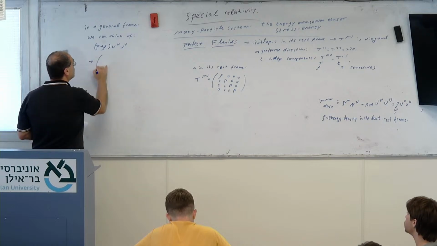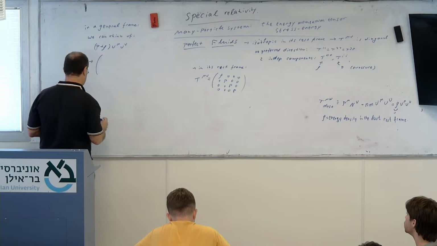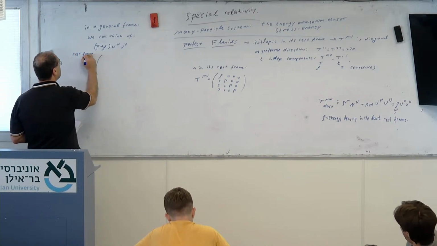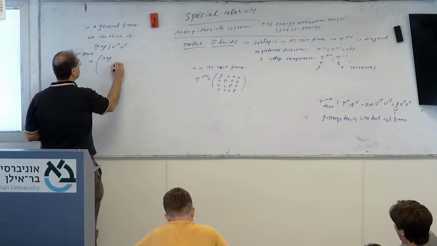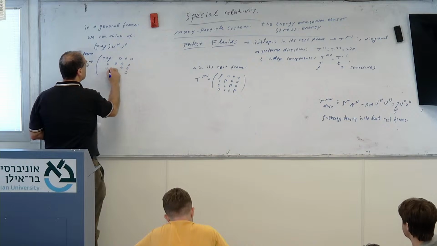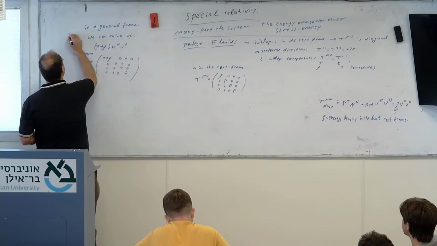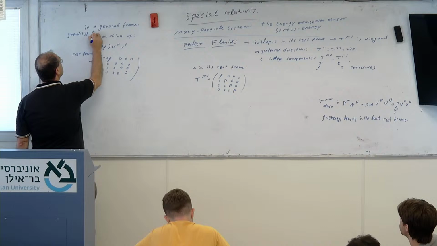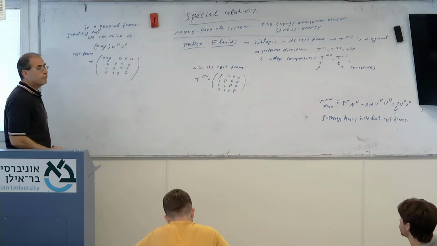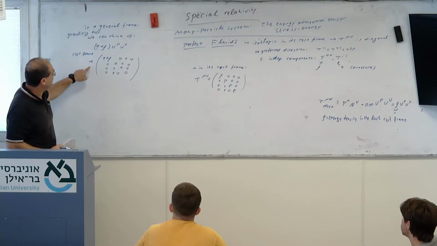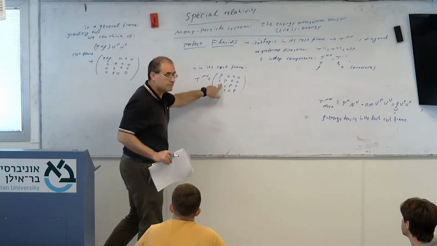And that will end up with what? In the rest frame, rho plus P, and then everything else is a 0. Generalizing the dust, we can think of that formula. That's only good enough, because in the rest frame that gives us that, and we need that.